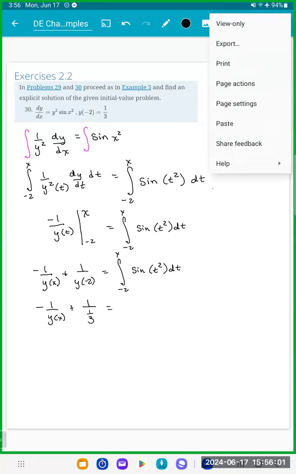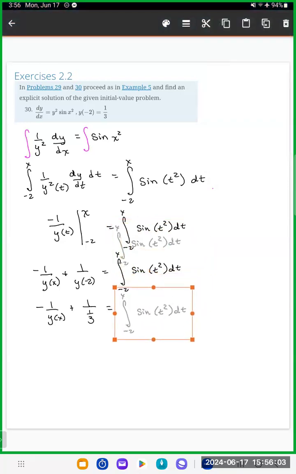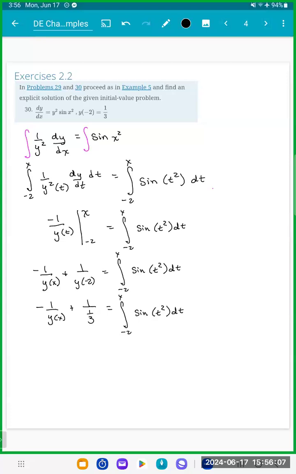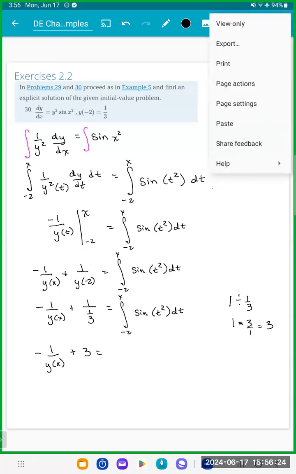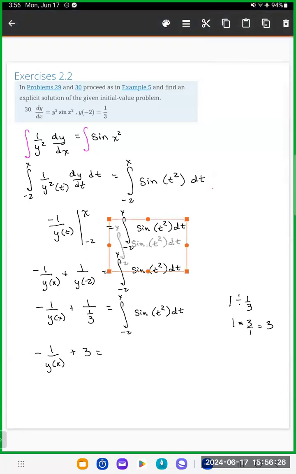And I just paste that same right-hand side. Okay. 1 divided by 1/3 is the same as 1 times 3 over 1, so that's going to equal 3. So we have -1 over y(x) plus 3 is equal to that same right-hand side.